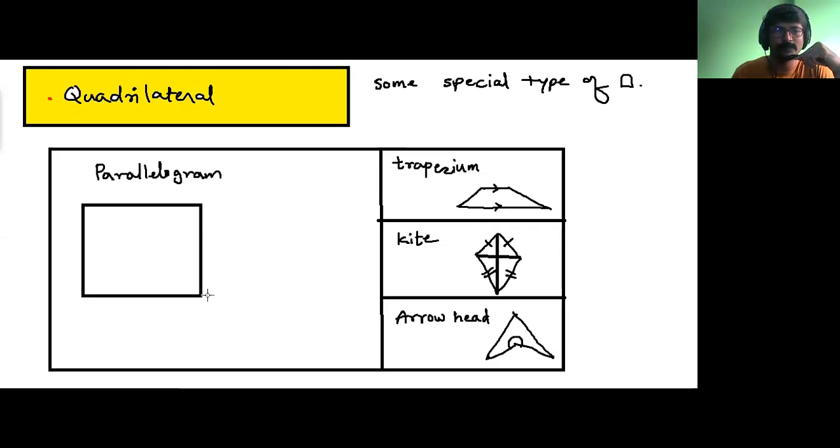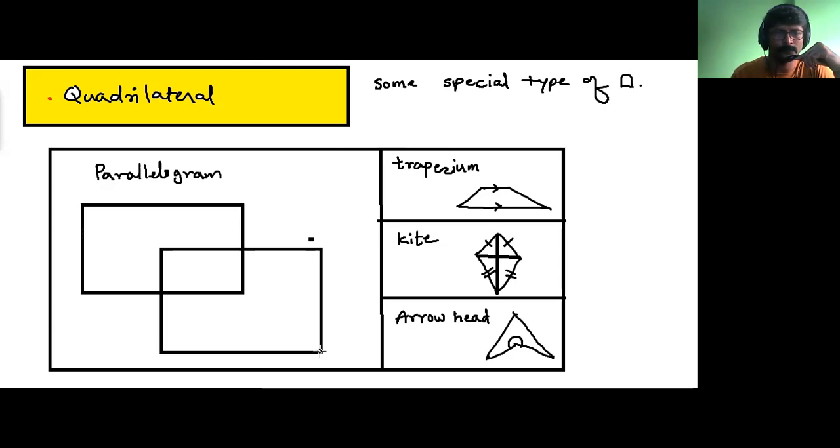Some of them would be rectangles, and some of them would be rhombus.